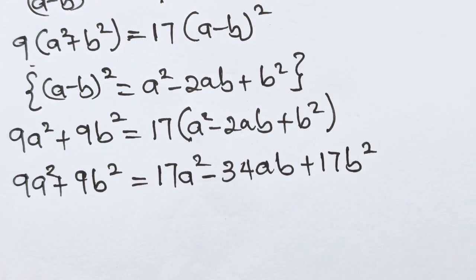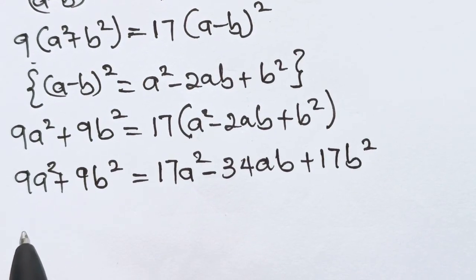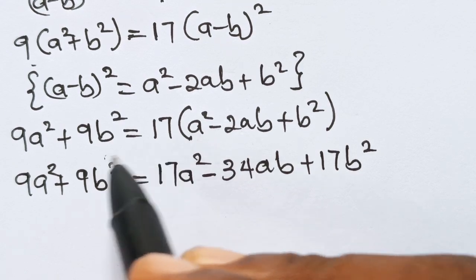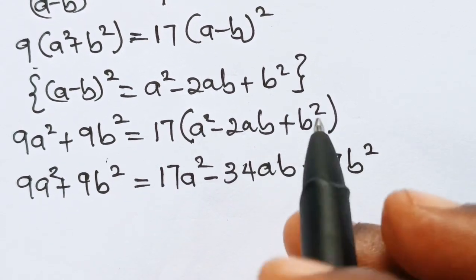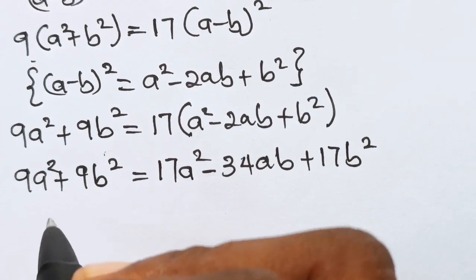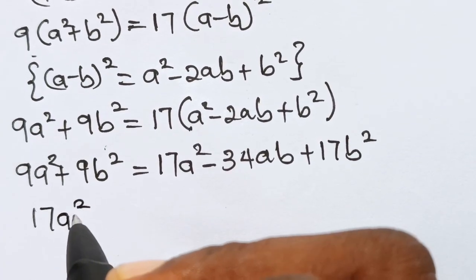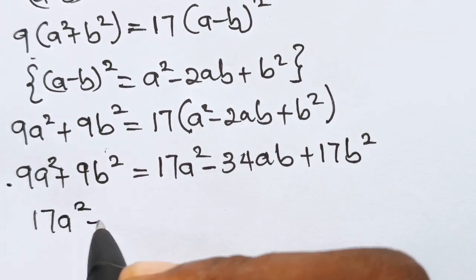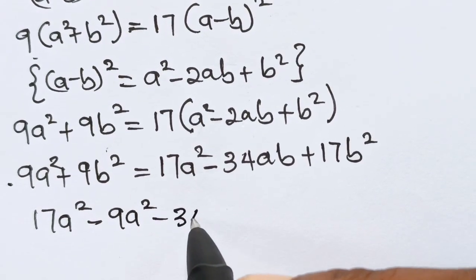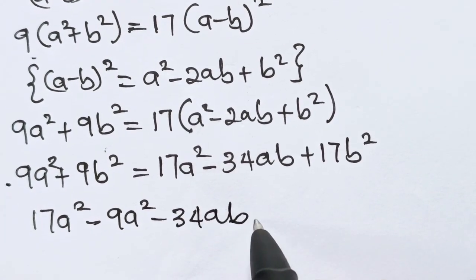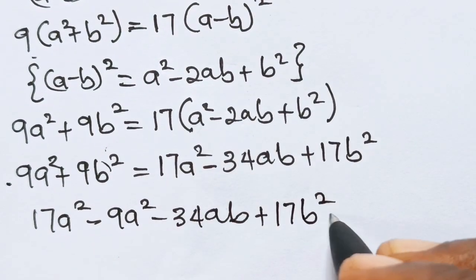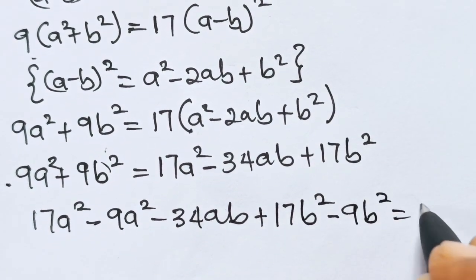Thank you so much. So at this point, let us transfer this and this to the other side of the equation. So if we do that, we will have 17a squared minus 9a squared, then we have minus 34ab plus 17b squared minus 9b squared is equal to 0.